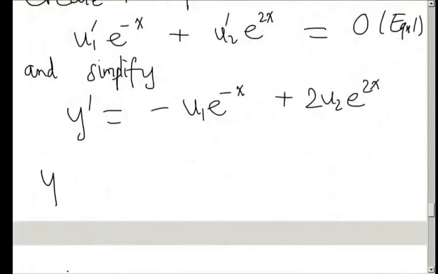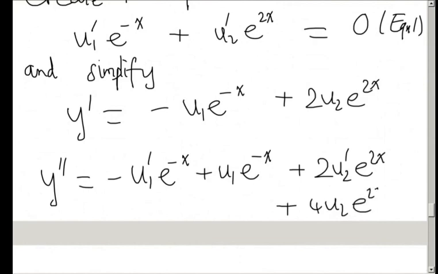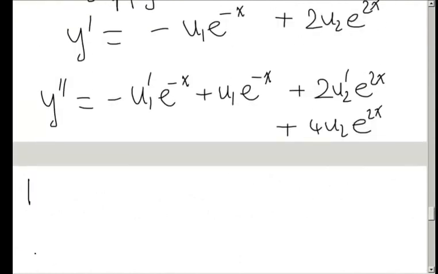Now take the derivative one more time, the second derivative: minus u1 prime e to the minus x plus u1 e to the minus x plus 2 u2 prime e to the 2x plus 4 u2 e to the 2x. And now we need to plug into the non-homogeneous equation.